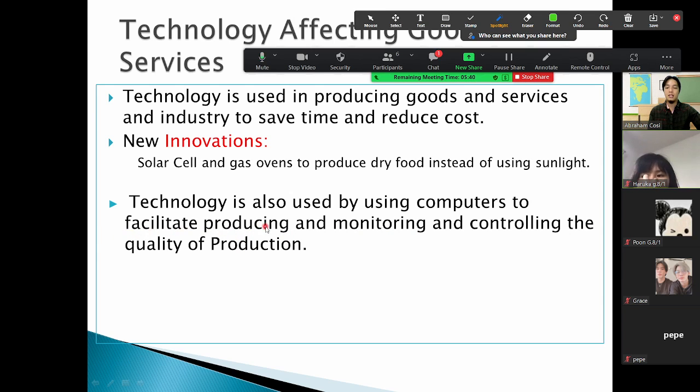Instead of hiring, let's say, 10 people to facilitate production, we already have computers to do this for us. And of course, controlling the quality of production.